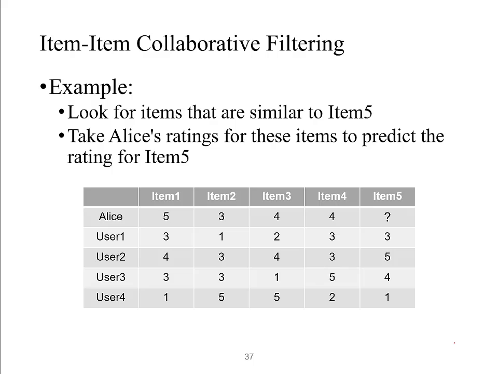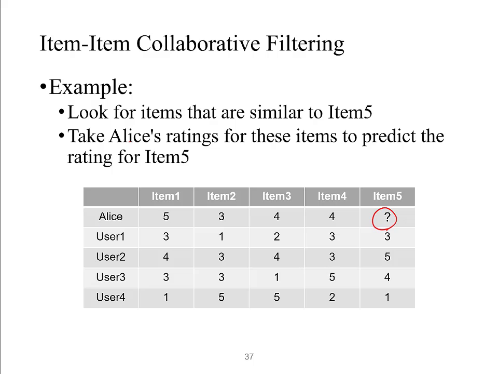Now, if we look at this example, we look for items that are similar to item 5, because what we want to predict is the rating of item 5 given by Alice.